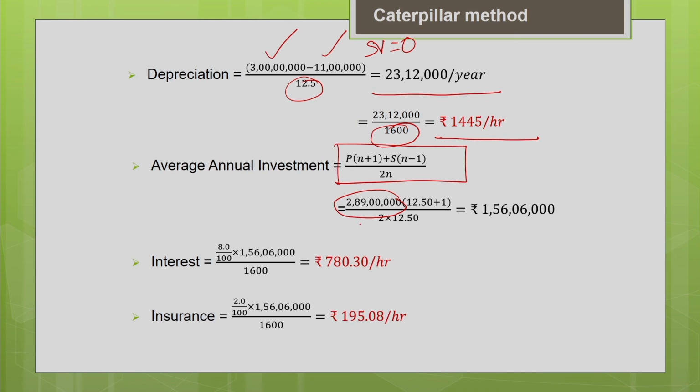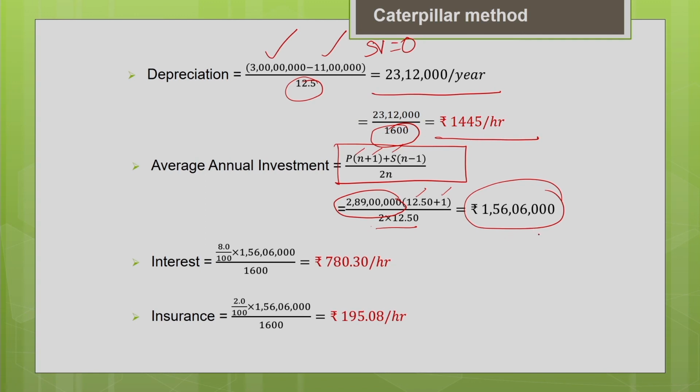That gives you 2 crores 89 lakhs, multiplied by n plus 1, where n is 12.5 plus 1. Salvage value is 0, so divided by 2 into n, 2 into 12.5. This gives you the average value of the machine over its useful life, 1 crore 56 lakh 6,000.